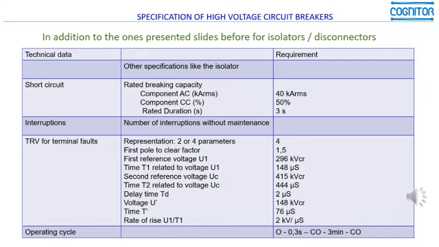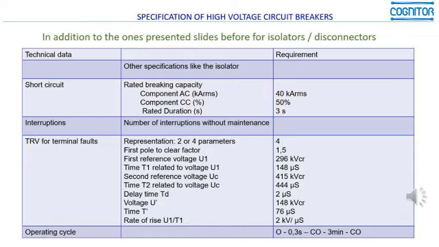The operating cycles: open, 0.3 seconds, close open, 3 minutes, close open. This is the cycle that will be performed by the circuit breaker, and in some of the breaking tests that will be done, these cycles will be used during the test.